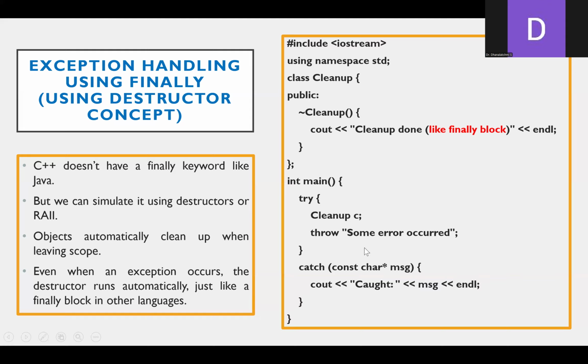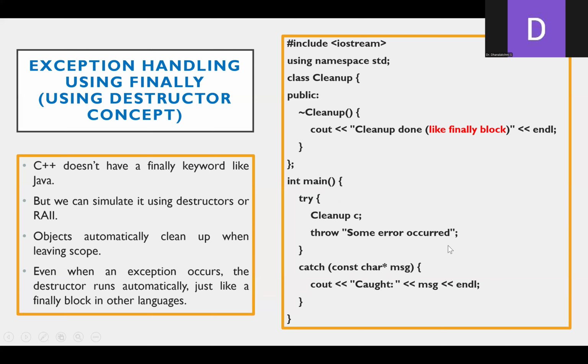Throw "some error occurred". So a const char star exception, a C-style string, is thrown. Immediately after the throw, normal execution stops inside the try block.